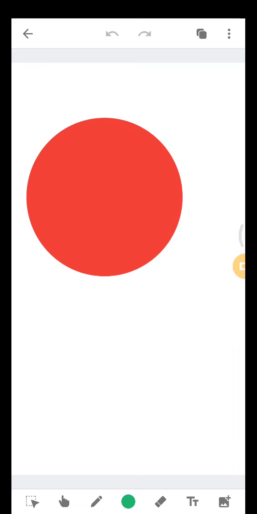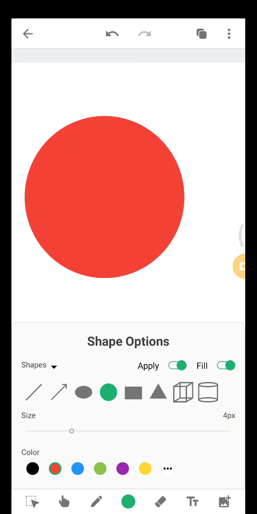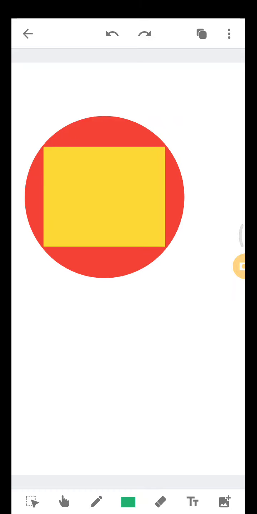If you have a circle and a quadrilateral inside it, whose vertices lie on the circle, this type of quadrilateral is called a cyclic quadrilateral.